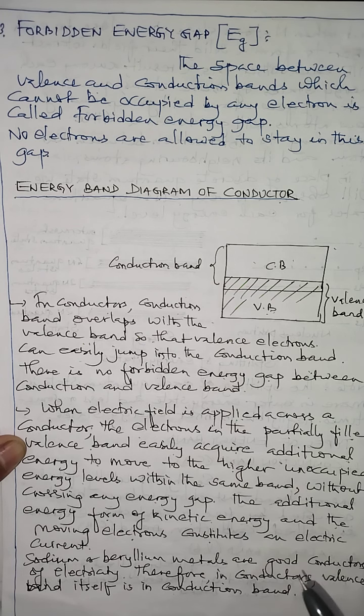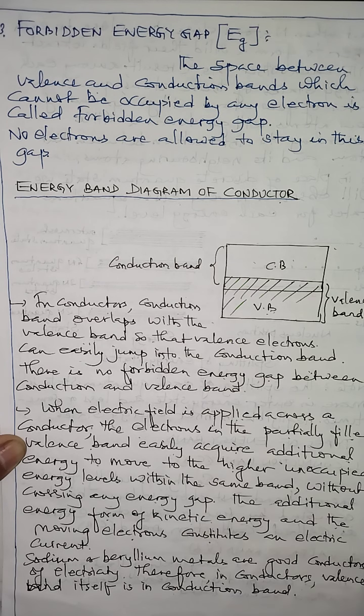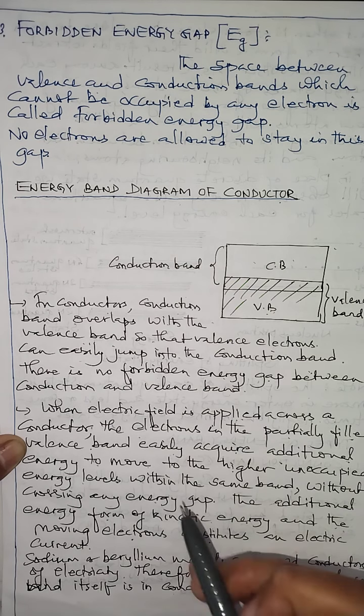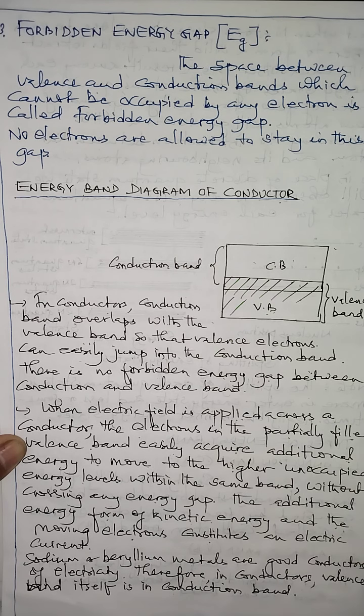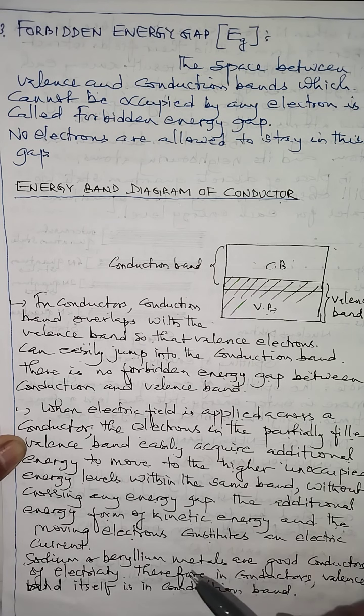That's why, children, in a conductor the main charge carriers to constitute electric current are the electrons, called free electrons. Free electrons are present in the conduction band because there is no energy gap. When the conductor is connected to the electric field, these electrons acquire additional kinetic energy and start moving across the length of the conductor, and due to that they constitute electric current.